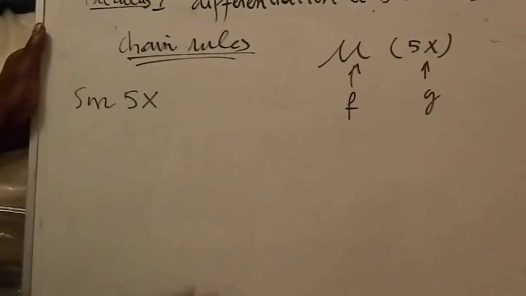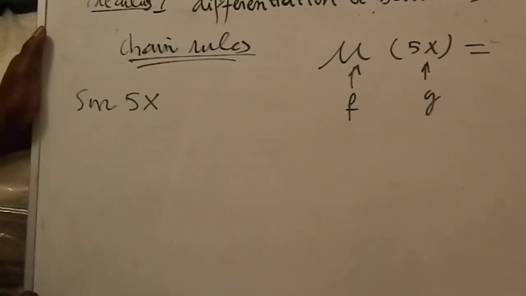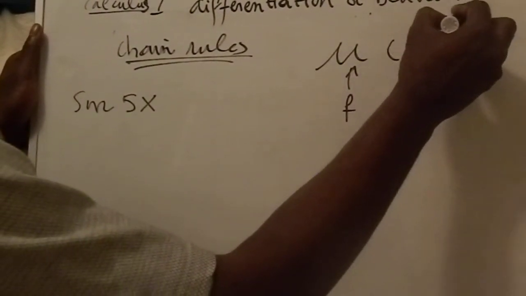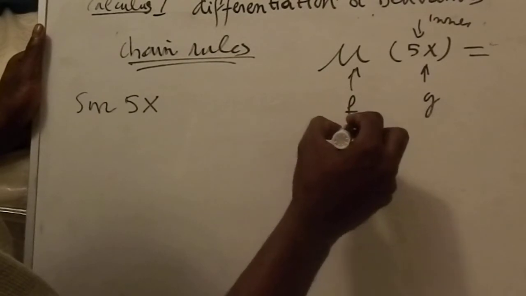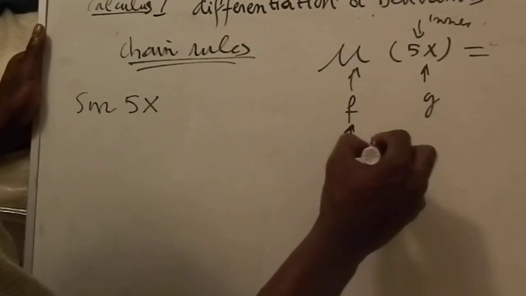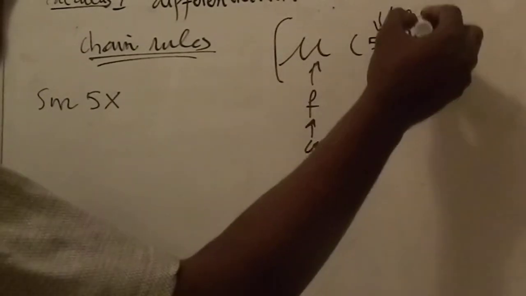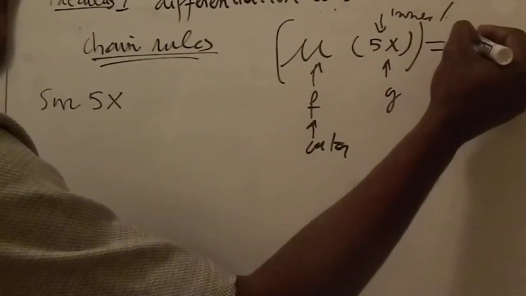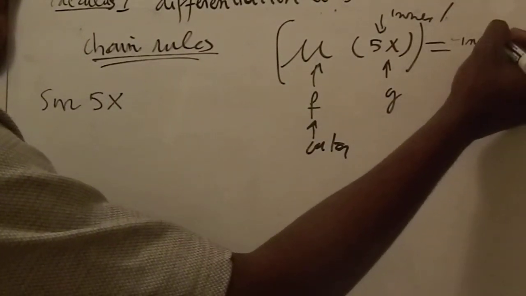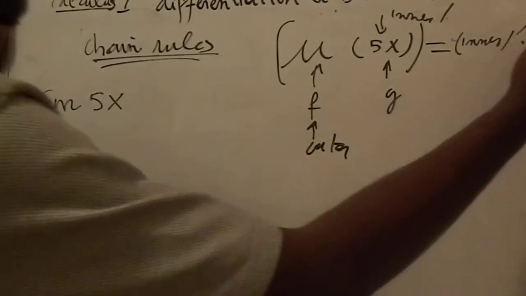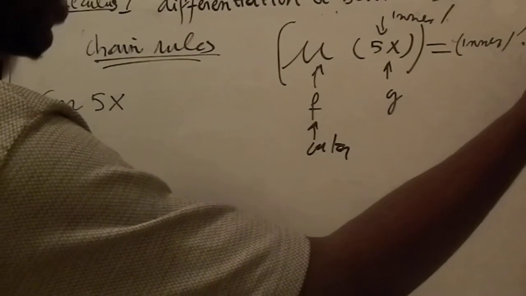Now, according to the chain rule, this is considered as your inner, and this is your outer function. The derivation of the whole thing is going to give you the derivation of the inner times the derivation of the outer.